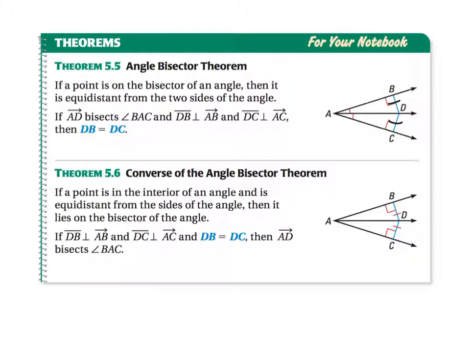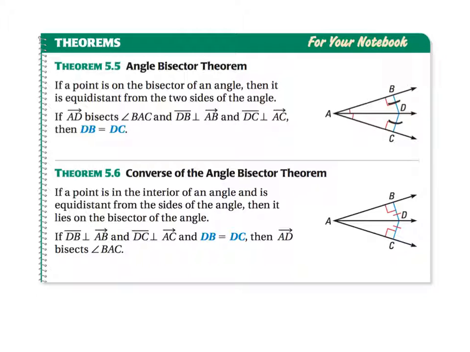Next, we have Theorem 5.6, the converse of the angle bisector theorem. If a point is on the interior of an angle, so it's just on the inside of the angle, and is equidistant from the sides of the angle, then it lies on the bisector of the angle. So here again, we have point D on the inside of angle BAC, and DB is perpendicular to AB, and DC is perpendicular to AC, and we also know that DB and DC are congruent.